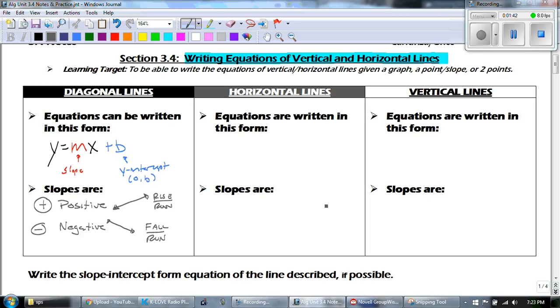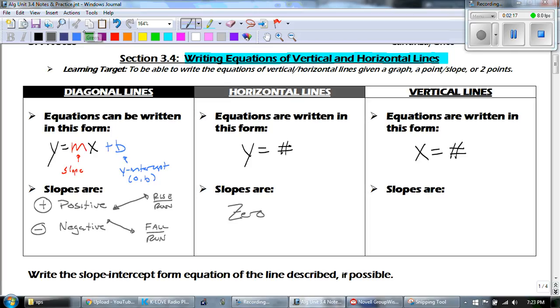An equation of a horizontal line is always going to be y equals a number, and a horizontal line has a 0 slope. Vertical lines are always going to be x equals a number.